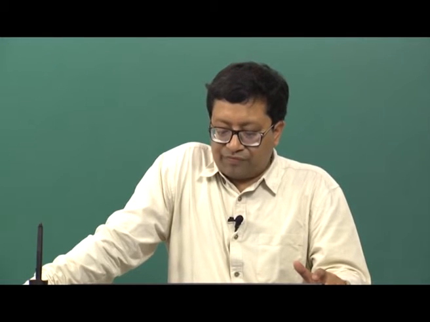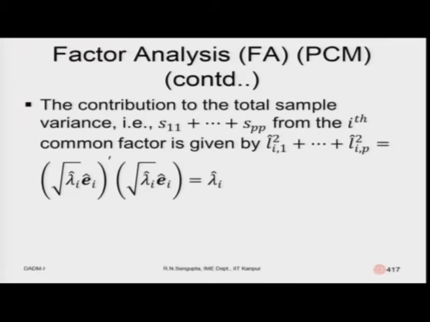So, the total sample variance, which is S11 plus S22 plus dot dot till SPP, from the ith common factor is given by this. These come out from the values of the lambda. So, they would be given by l_i1 squared plus l_i2 squared plus l_i3 squared till l_ip squared.